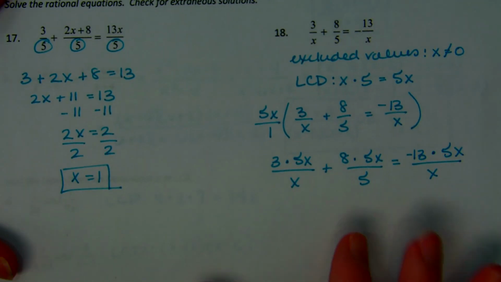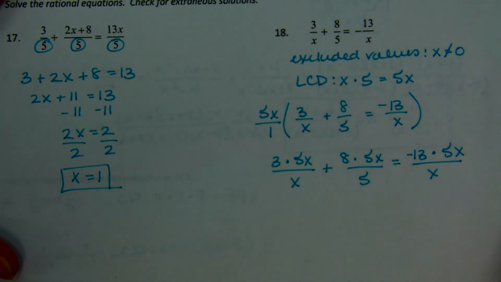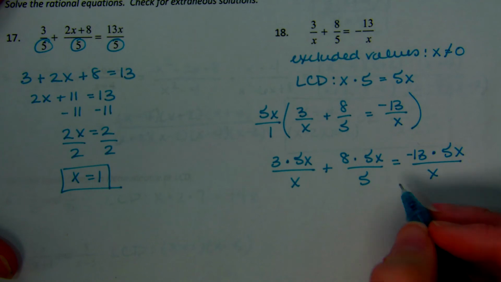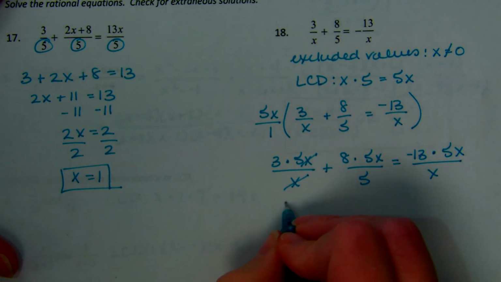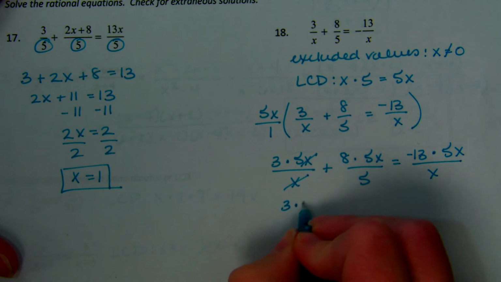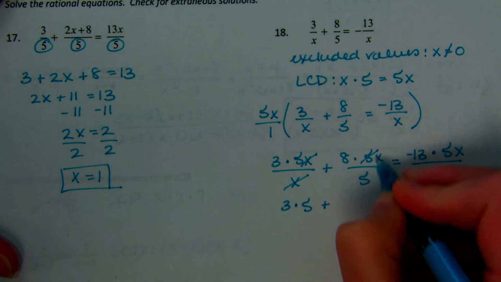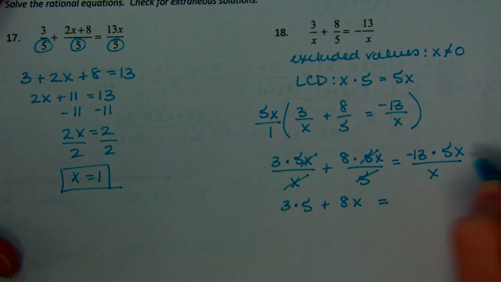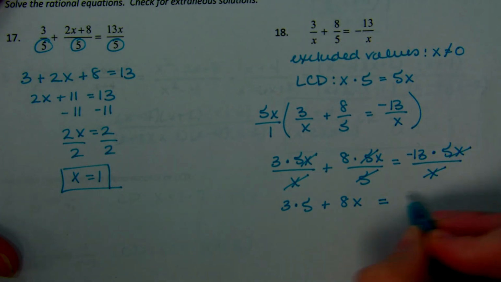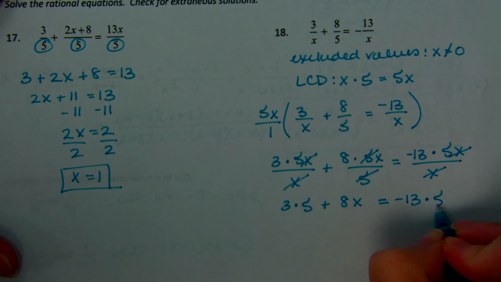So see that I have not actually done any of that multiplication, I've just left it. And that's so that I can go through and cross things out. So these x's are gone, and that's just 3 times 5. The 5's are gone, so that's just an 8x. And then the x's are gone here as well, so that's negative 13 times 5.